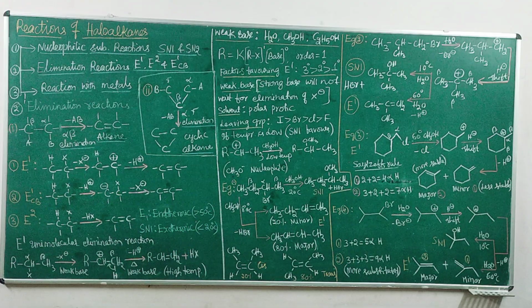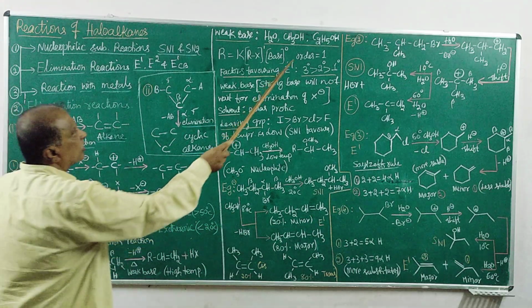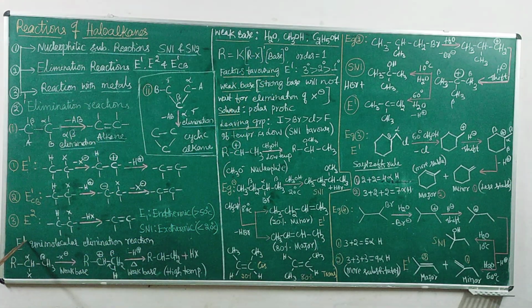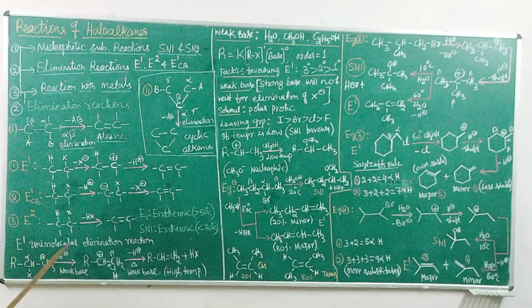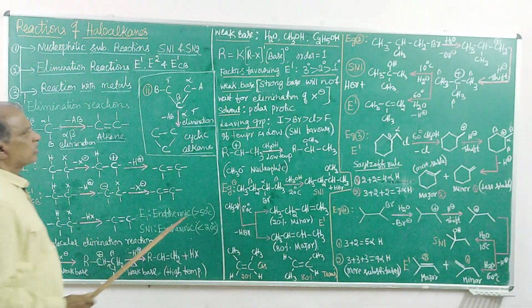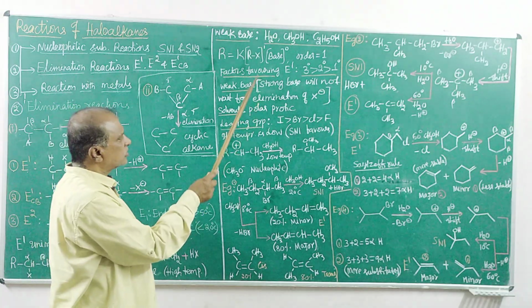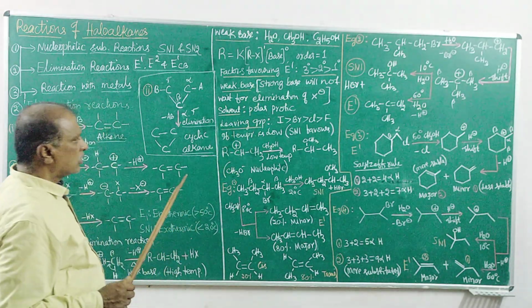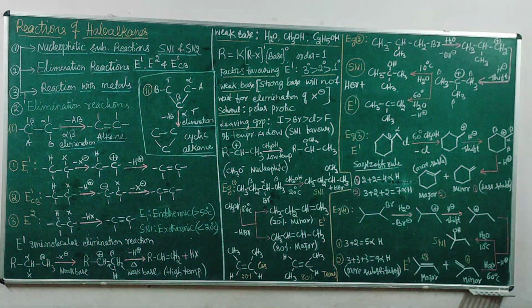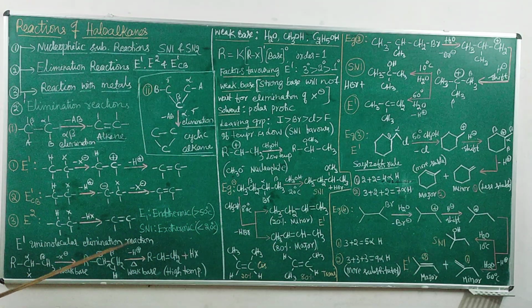It is carbocation formation by itself first, so it is a first order reaction. The 1 stands for first order, E stands for elimination: unimolecular elimination reaction. So these are the conditions for the formation of carbocation. It is the same mechanism as SN1.